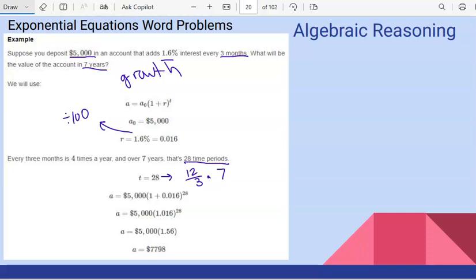If we plug this in, and they would stop here if you're not able to use a calculator, you would get A is equal to $7,798. So if it was a calculator question, they would want you to find this. But if they did not have a calculator for that question, you could stop right here.